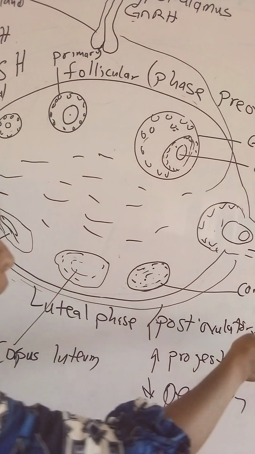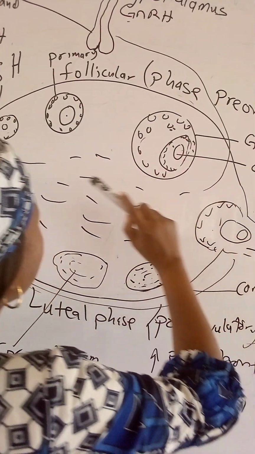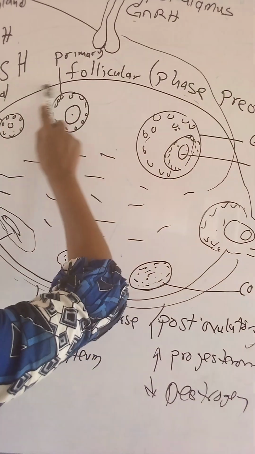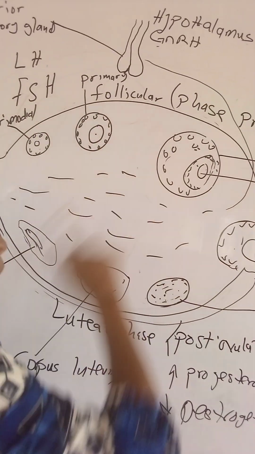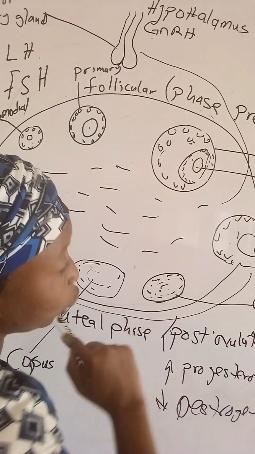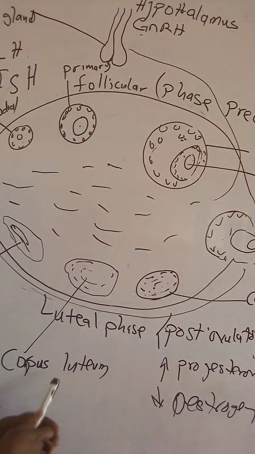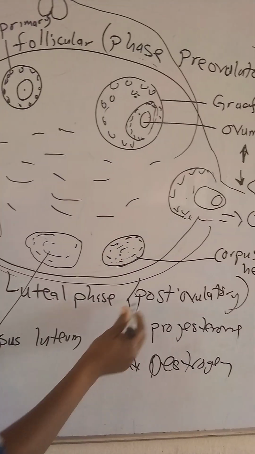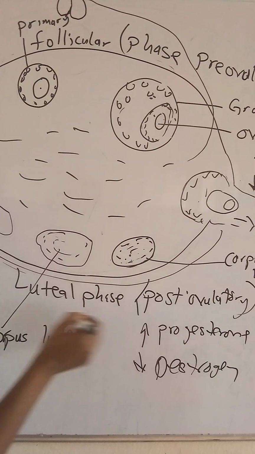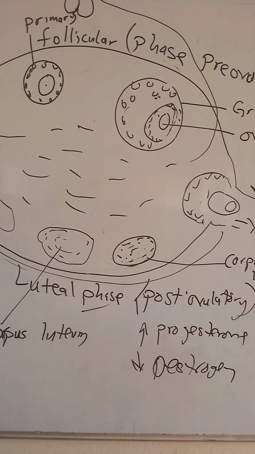So this is what happens in the proliferative phase, and it occurs at the same time in the ovarian cycle with the follicular phase. Then after ovulation, the secretory phase of the menstrual cycle commences, and it occurs at the same time with the luteal phase of the ovarian cycle.